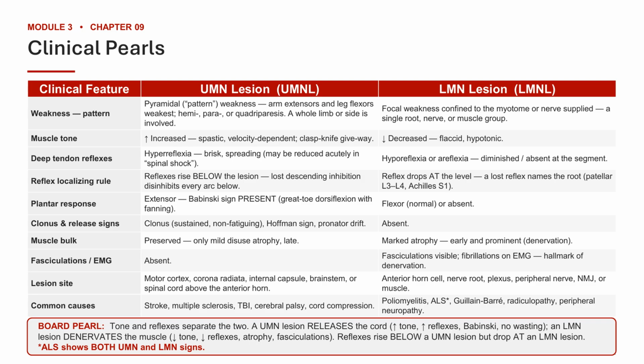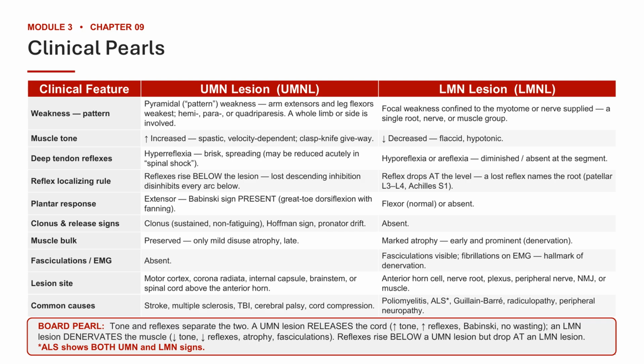Muscle bulk: preserved, with only mild late disuse atrophy versus marked early denervation atrophy. And fasciculations, with fibrillations on EMG, are the electrophysiological hallmark of denervation. One asterisk worth remembering: ALS shows both upper and lower motor neuron signs simultaneously.